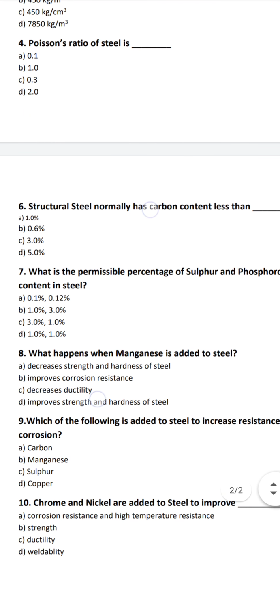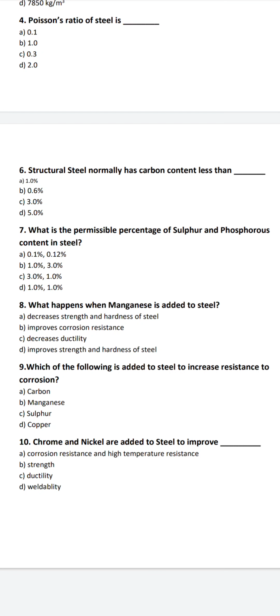What is the permissible percentage of sulfur and phosphorus content in steel? The options are 0.1% and 1.2%, 1.0% and 3.0%, 3.0% and 1.0%, and option D is 1.0% and 1.0%. Out of these four you have to answer the proper one.